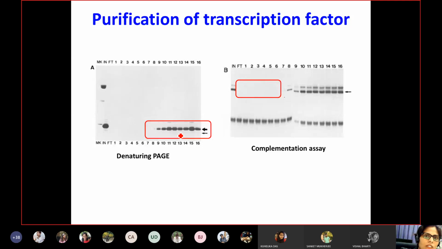If you see longer fractions, there might be other proteins coming, but they might not be complementing the 5S gene transcription. So they are only showing the proteins which are complementing the 5S gene transcription, the proteins responsible for 5S gene transcription. Okay. Thank you, ma'am.